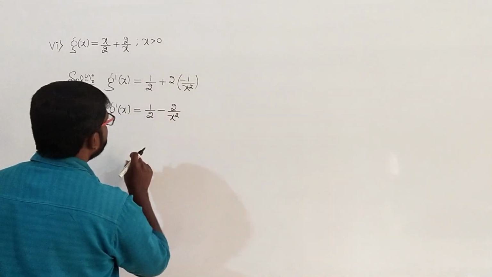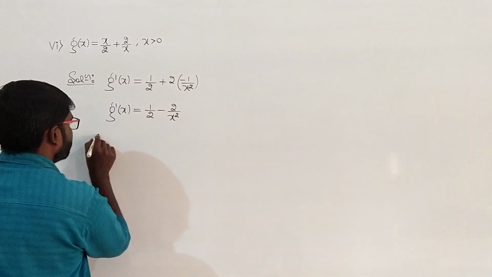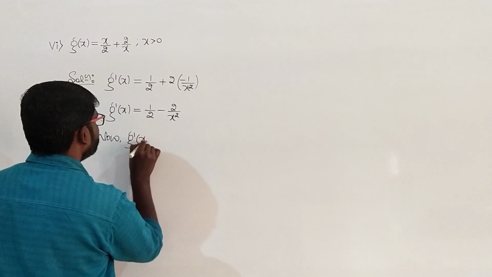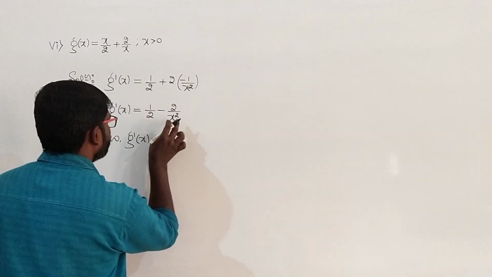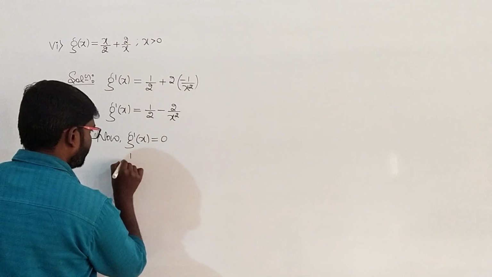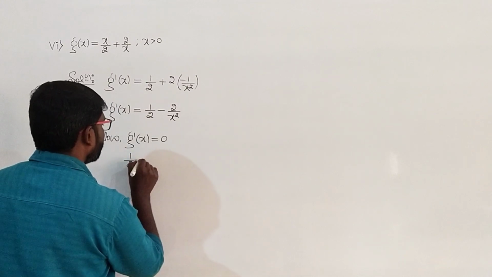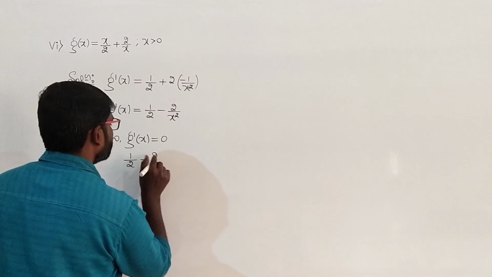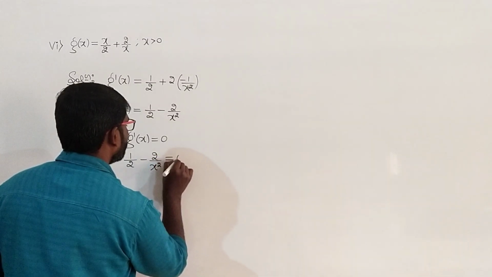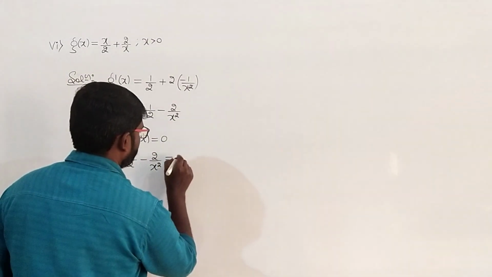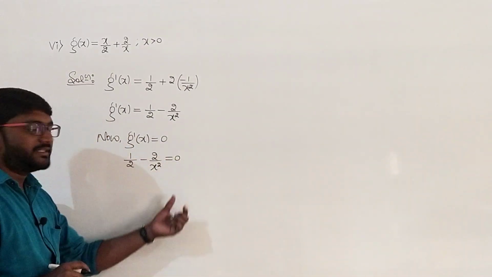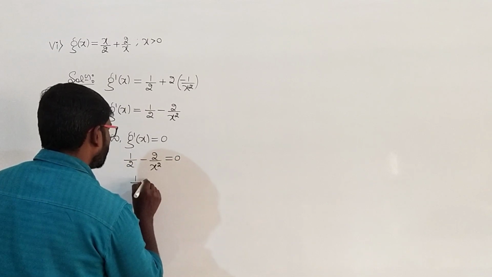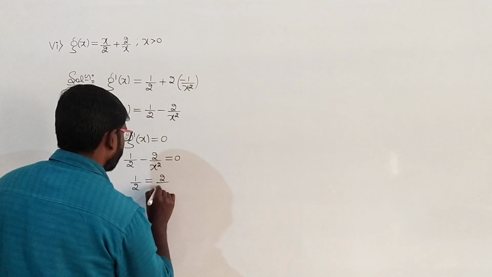So equate this with 0 to get the critical points. Now g dash of x equal to 0. We get 1 by 2 minus 2 by x square equals 0. So this can be written as 1 by 2 equals 2 by x square.